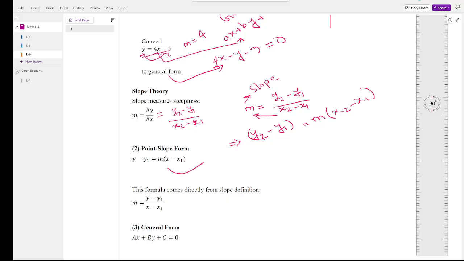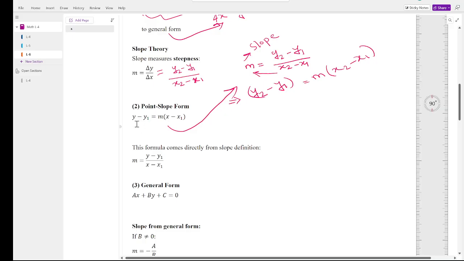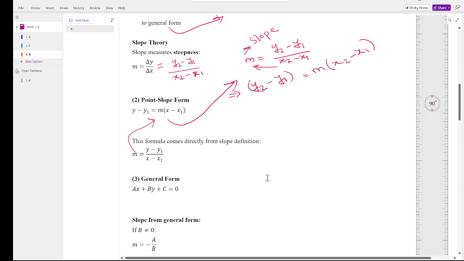This equation comes from here. So the point-slope form is y minus y1 equal to m into x minus x1. Or we can also write m equal to y minus y1 over x minus x1. So m comes from this equation, vice versa.